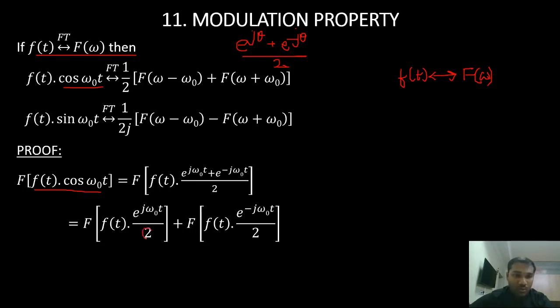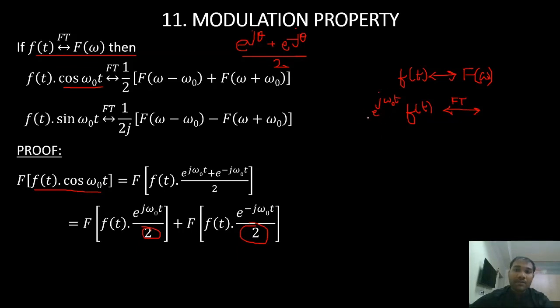This 2 is a constant, so I can take it outside. No problem, just forget about this 2 for now. We have to find the Fourier transform for f of t into e power j omega naught t. We need to find the Fourier transform for this. How will we obtain it? There is a phase shift in the time domain signal.